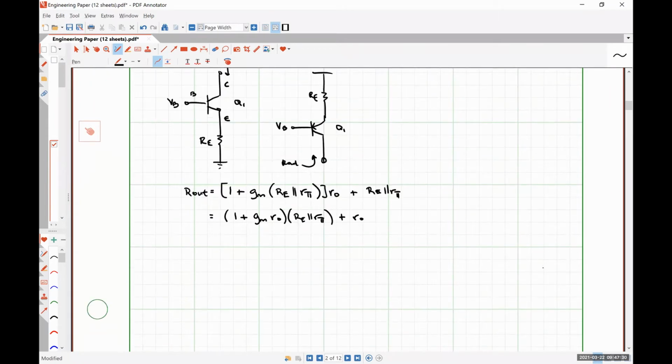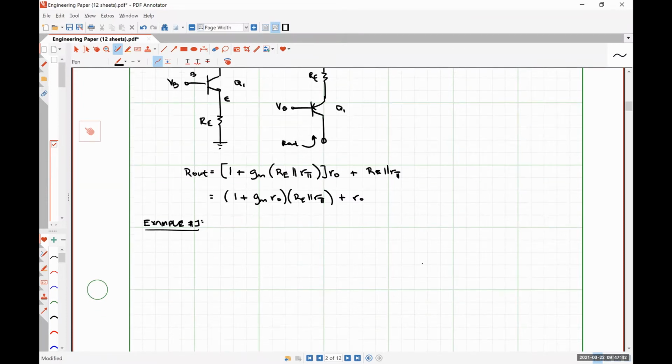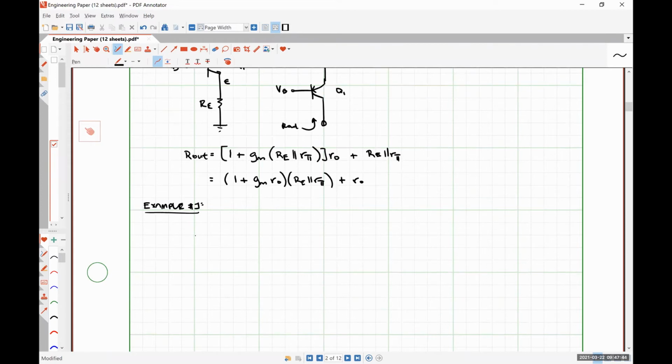So for the sake of argument, let's do a quick calculation. Let's say that we have a BJT current source, and we are given IC, our collector current, equal to 1 milliamp.